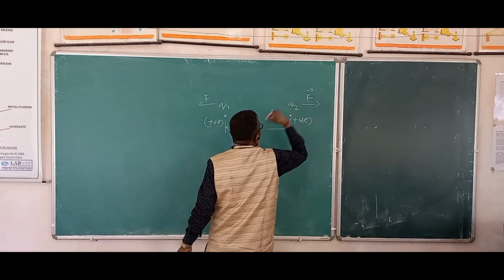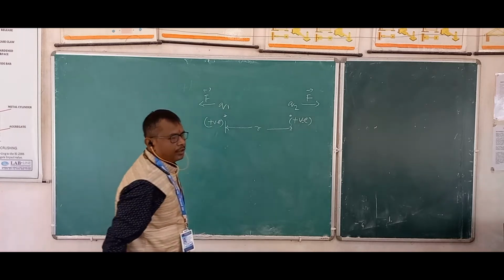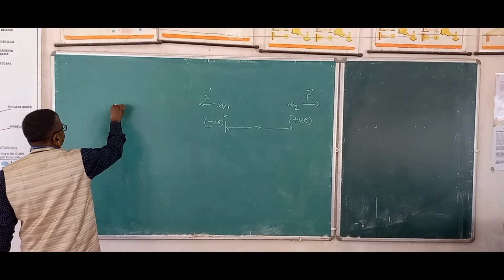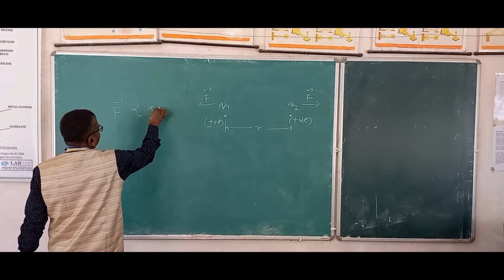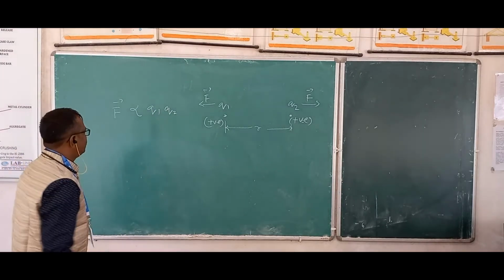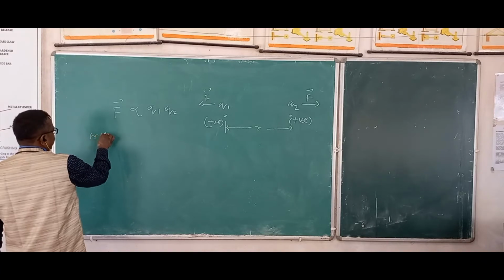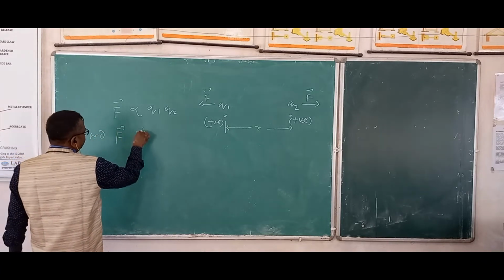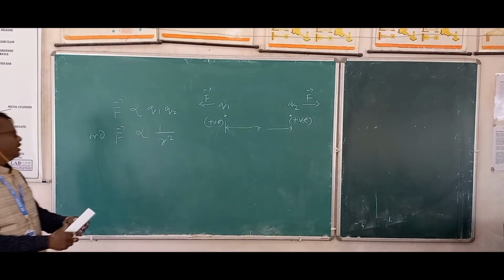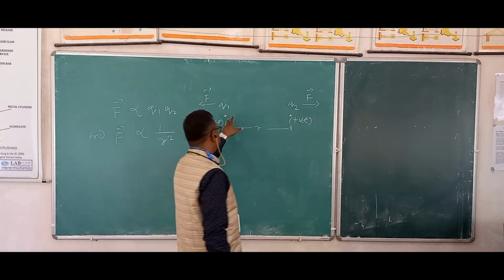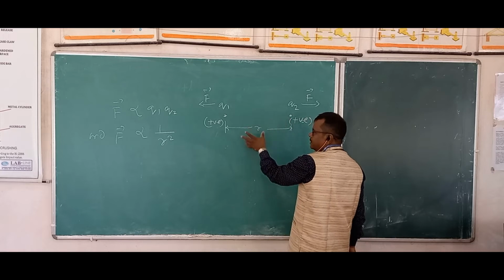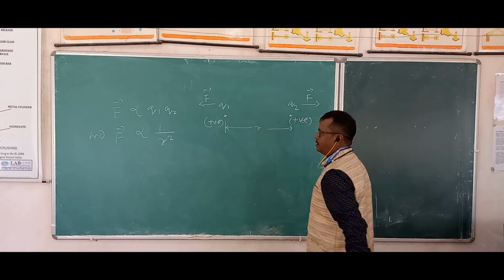This magnitude of force of repulsion, according to Coulomb's law, this F is directly proportional to the product of the two charges Q1 and Q2, and F is inversely proportional to the square of the distance between the two point charges, separated at a distance r.